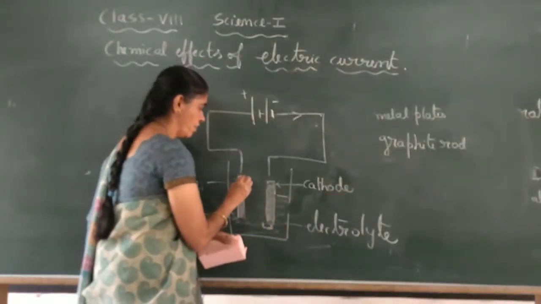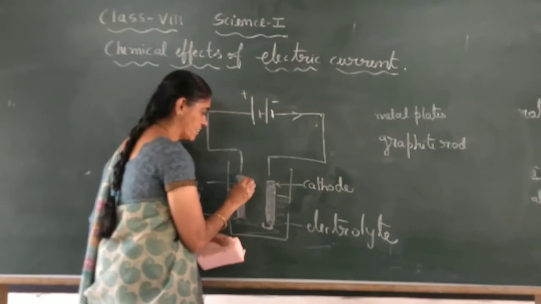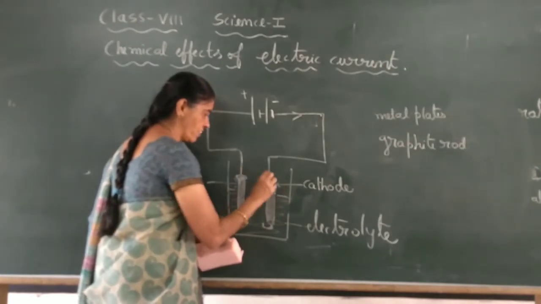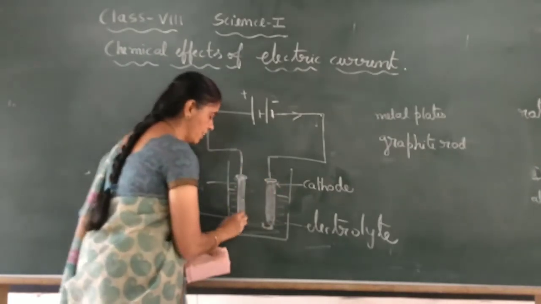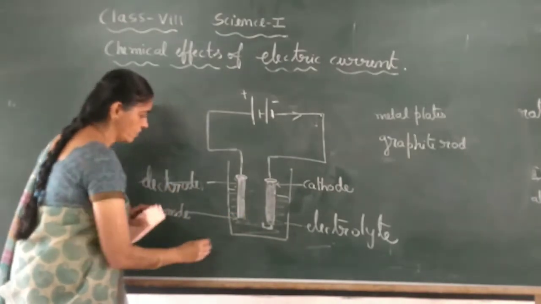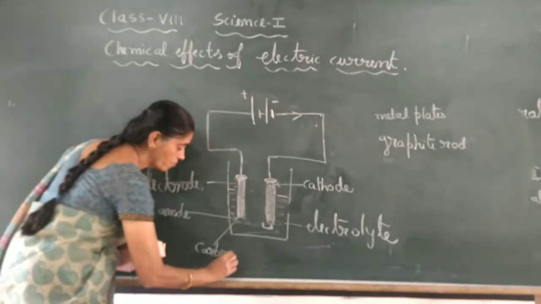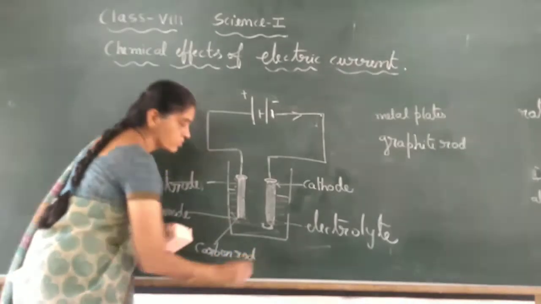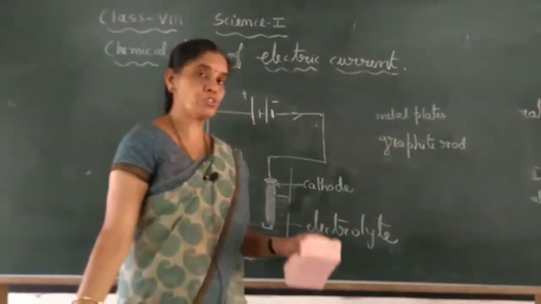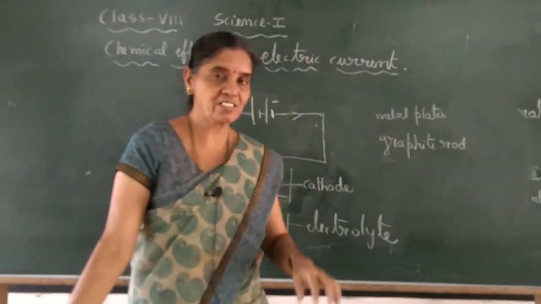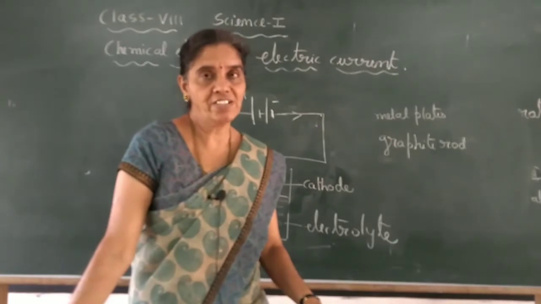Okay, if possible the metal cap of that cell is there, take that along with it. Just fix the wire here. So you have to take a carbon rod, the anode, whatever it is. Where do you get that carbon rod? Inside the used, thrown away dry cell you will get the thin, black, rod-like structure, the graphite rod.